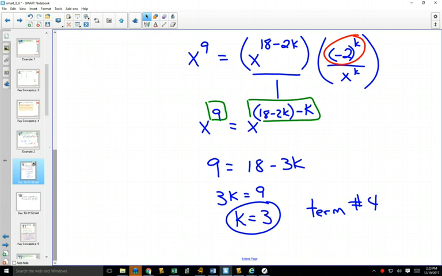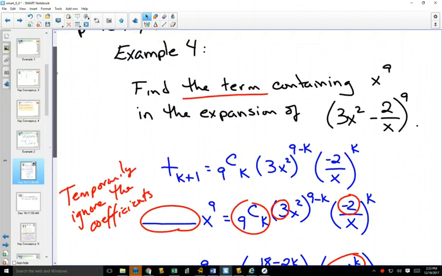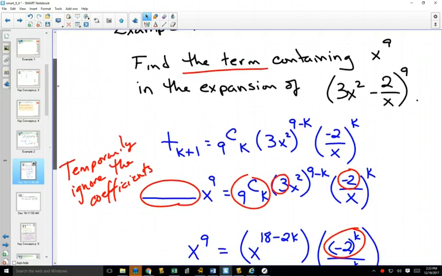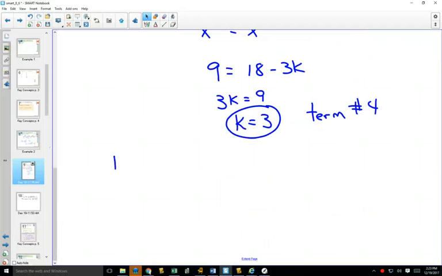So now, if we look back at the question, it didn't say find which term. The question said find the term containing x to the 9. So now, part 2 of this question, we have to find term 4.